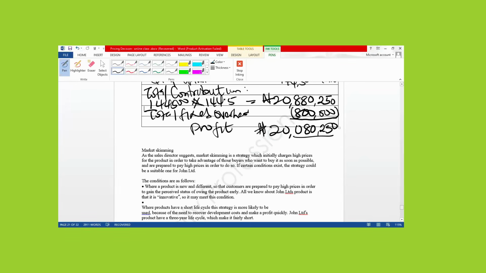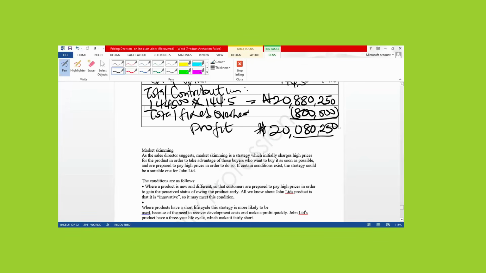Market skimming. As the sales director suggests, it is a strategy which initially charges high prices for new products, to take advantage of those buyers who want to buy as soon as possible and are prepared to pay high prices.